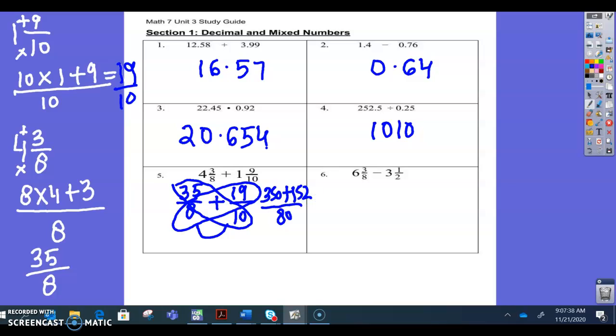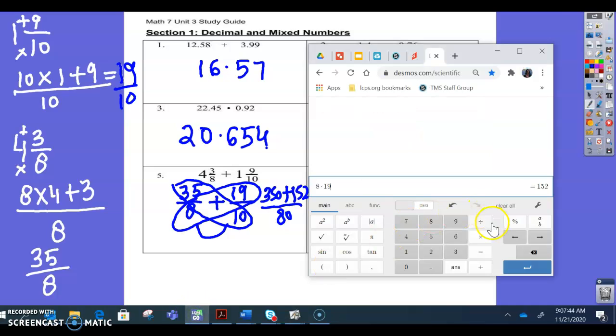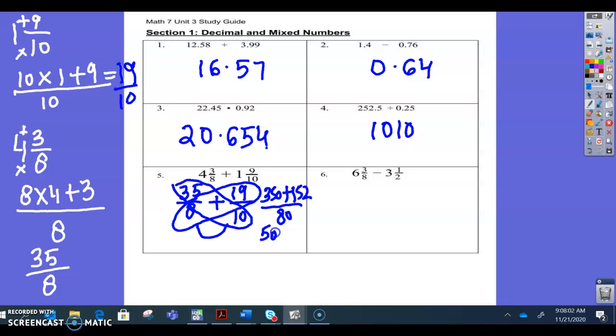Now since this is an addition problem, I'm going to add 350 plus 152. 350 plus 152 is 502. So now it will be 502 over 80.